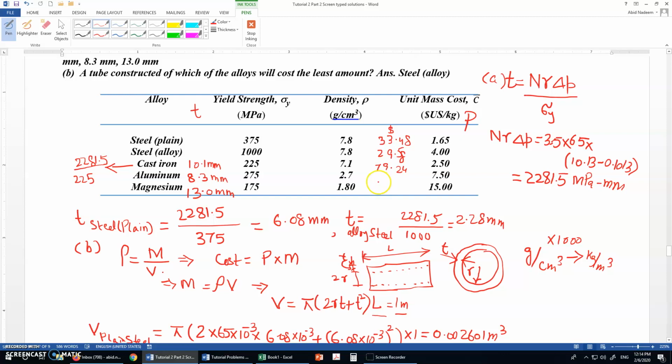And aluminium will be a little bit cheaper, $72.99 per meter, and the magnesium is most expensive at $158.18. So the cheapest material to use is the steel alloy.